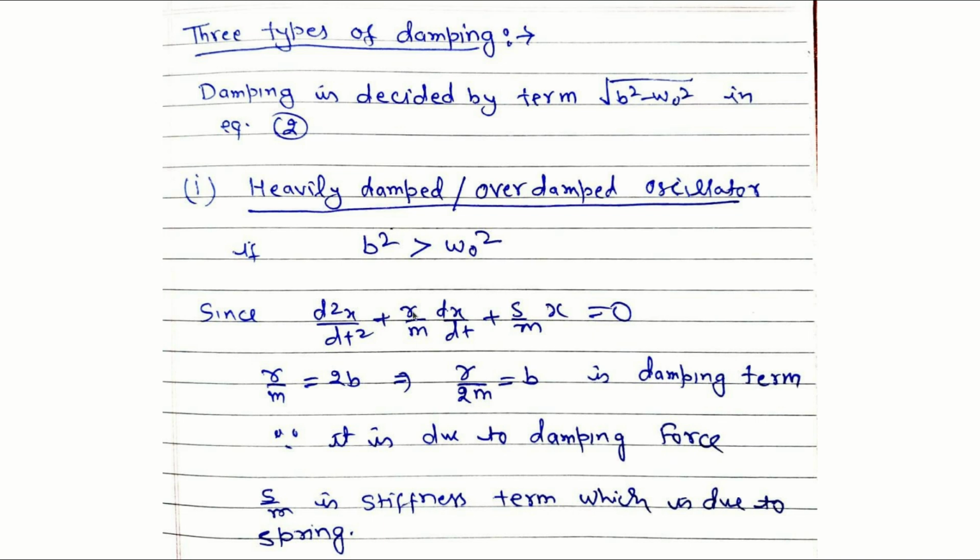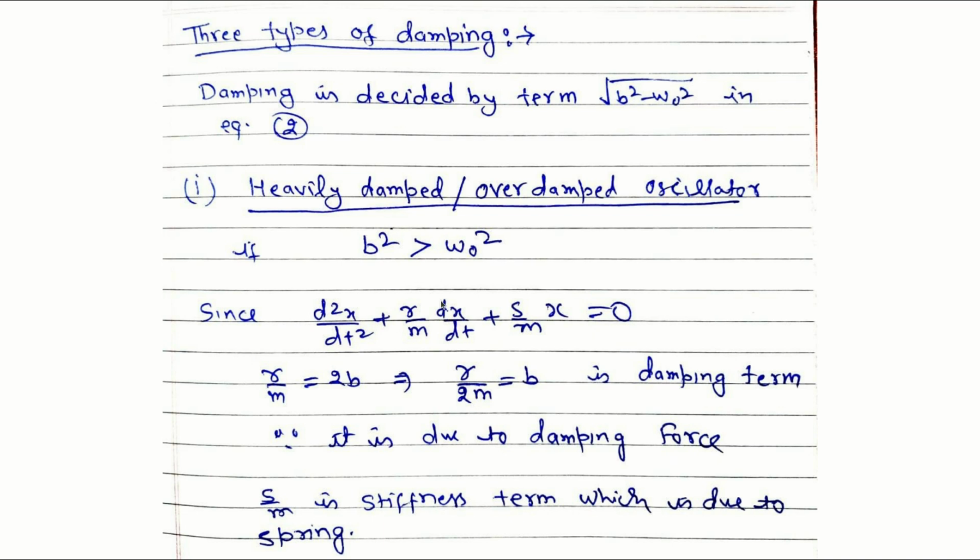And R by M, what is R by M? R by M is 2B. So if R by 2M decides the damping, it means B decides the damping, because R by M is equal to 2B. So what we say is, if B square is greater than omega naught square, it means it is B and it is with the damping force.